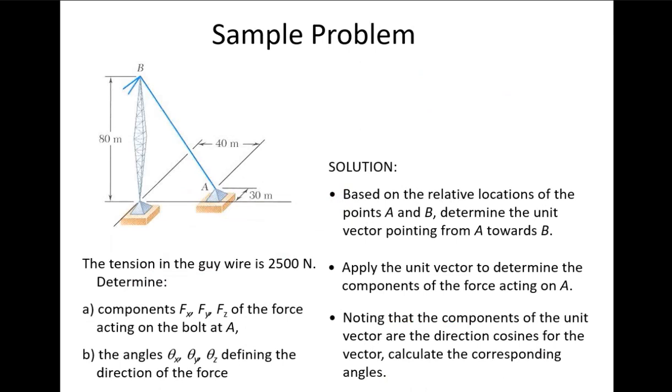Now let us come to a problem. Here it is given to us that the tension in the guy wire is 2500 Newton. This is your guy wire, right? What you have to do is find out the components Fx, Fy and Fz of the force acting on the bolt at A, here.